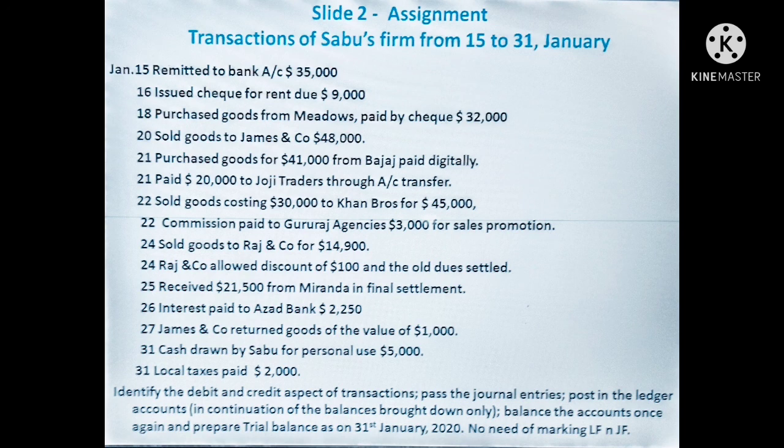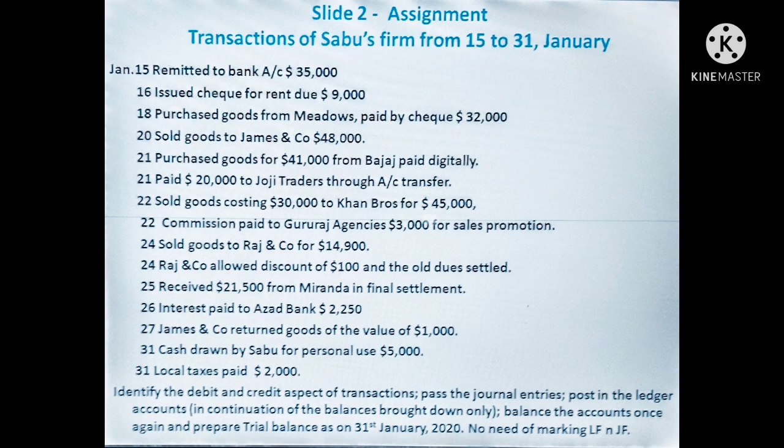On 25, in case of Miranda, cash account debtor $21,500, discount allowed $500, to Miranda $22,000. Miranda is giver, so to be credited. His account worth 22,000 is closing, so 22,000 to be credited against Miranda.